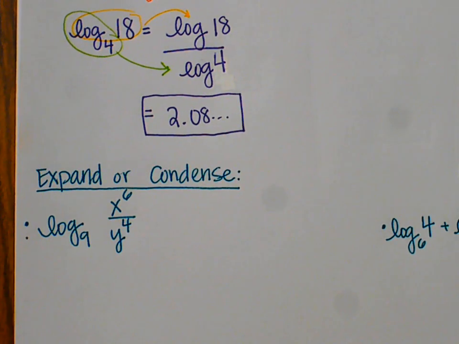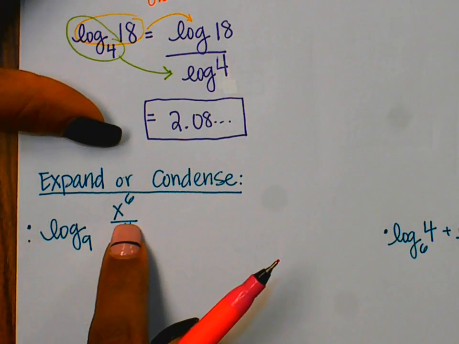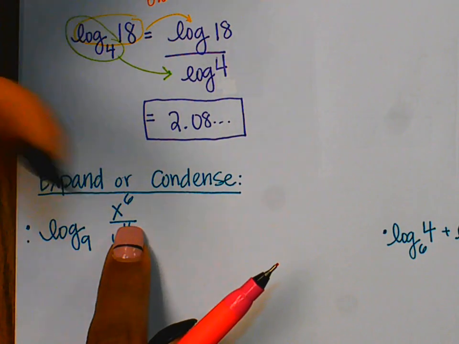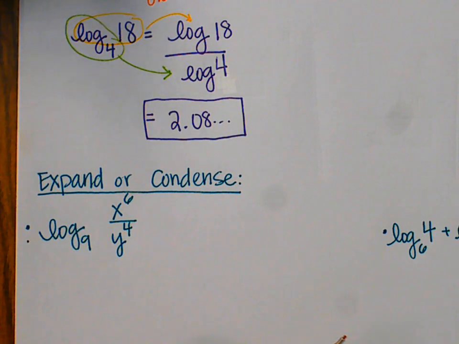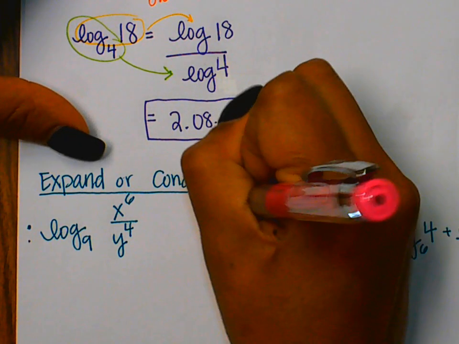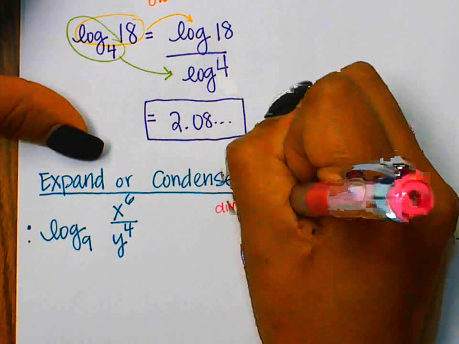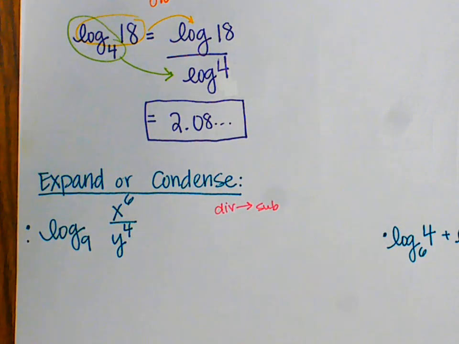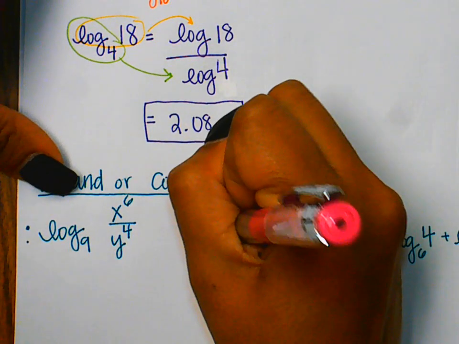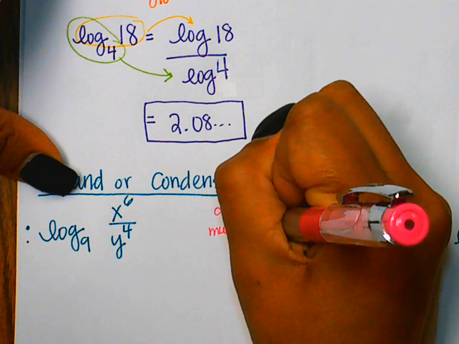This is going back to the properties of logs and the properties of exponents. So when you are solving these, when you have division, it actually means subtraction. Similarly, if you were to have multiplication, that means addition.